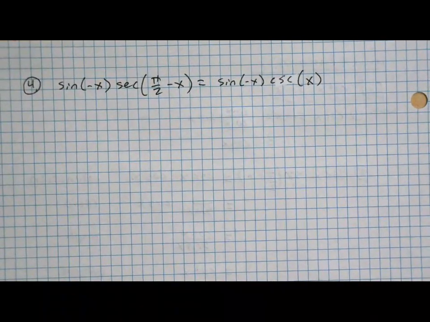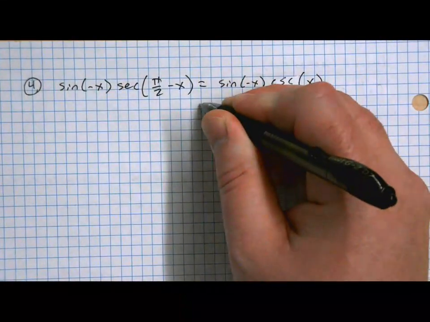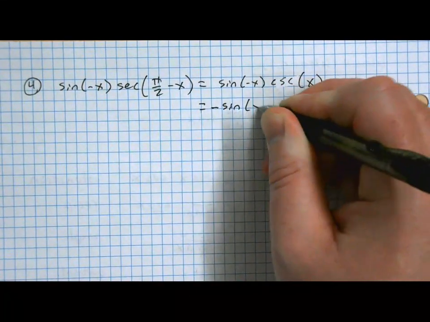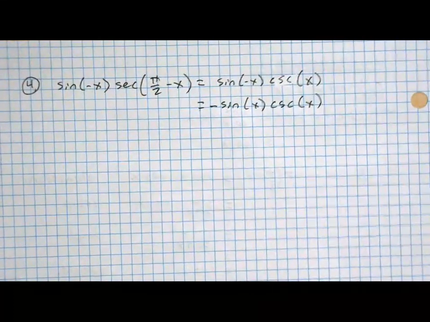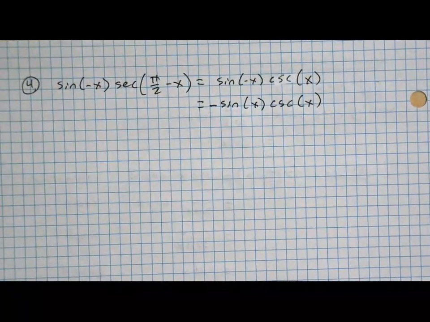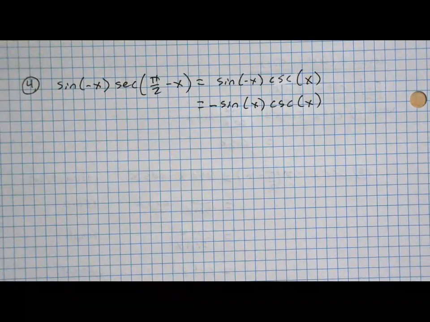So that would be cofunction identities, and now let's deal with the odd or even. So sine is odd, which means if there's a negative on the inside, we can pull it to the outside. All right, that already looks a lot simpler.